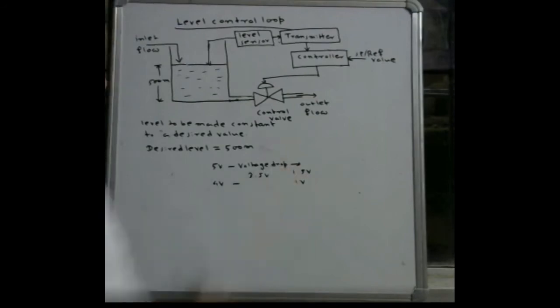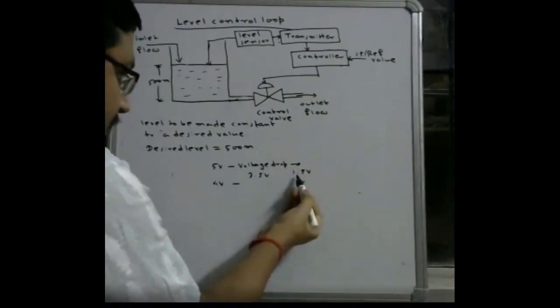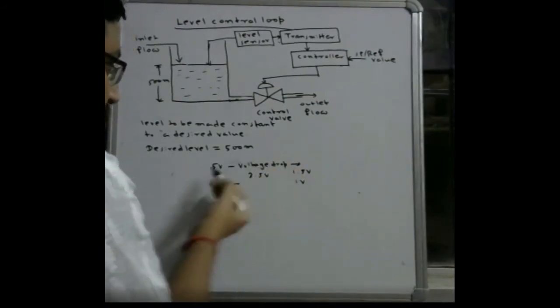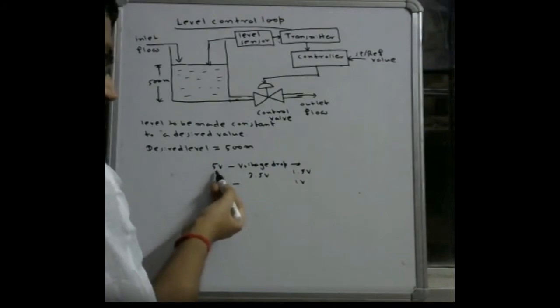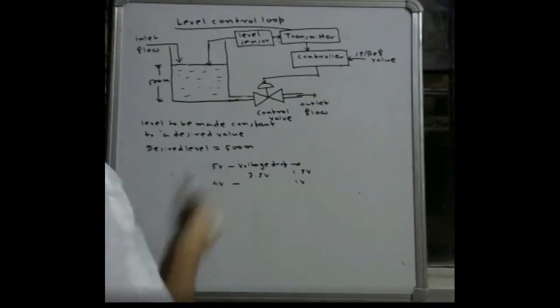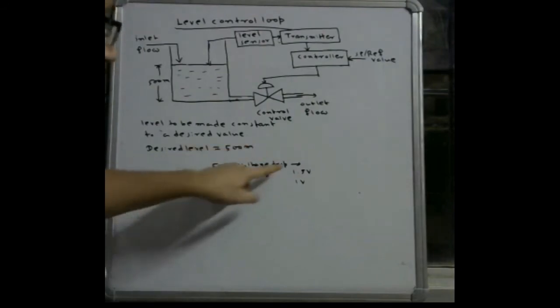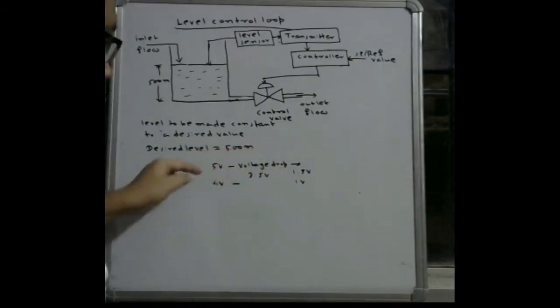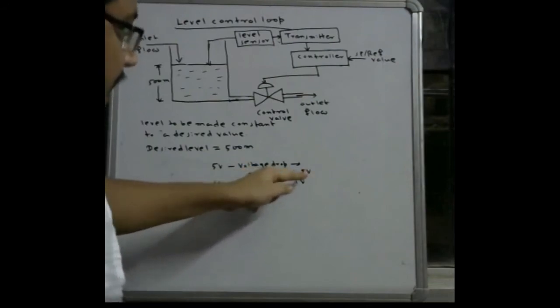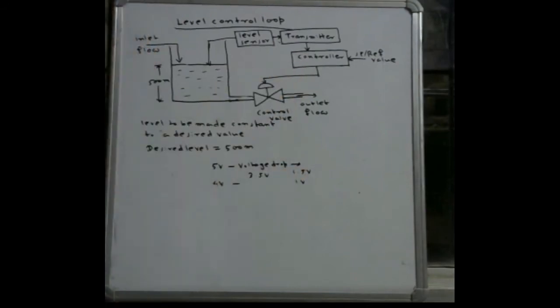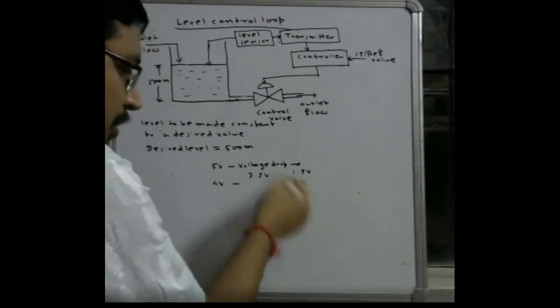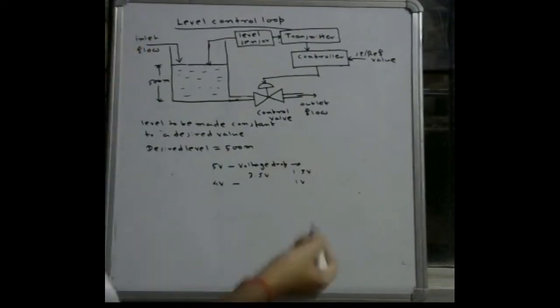This will vary also. So if this voltage is varying due to the voltage drop, but there is no change at this voltage, the output of the sensor is constant. It is 5 volt. But due to the change of this voltage drop, from time to time, there will be a change at the input of the controller. So one time it will be 1.5 volt, then after half an hour it will be 1.4 volt, then 1.8 volt.